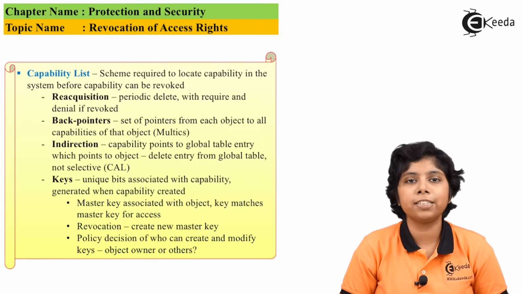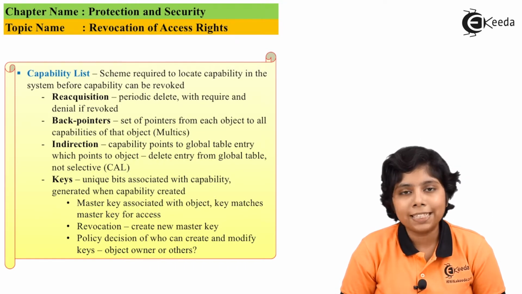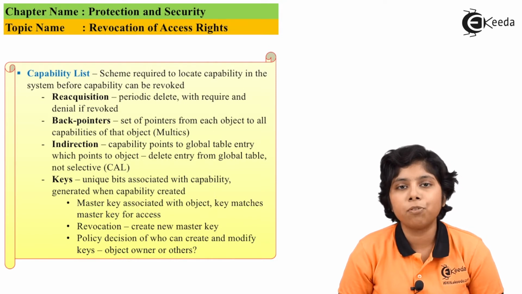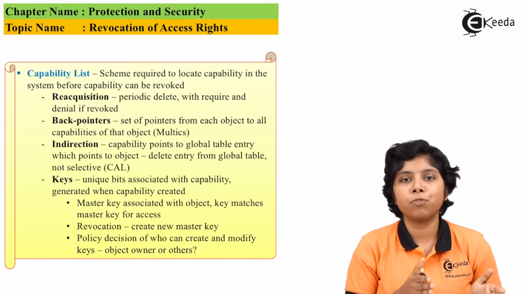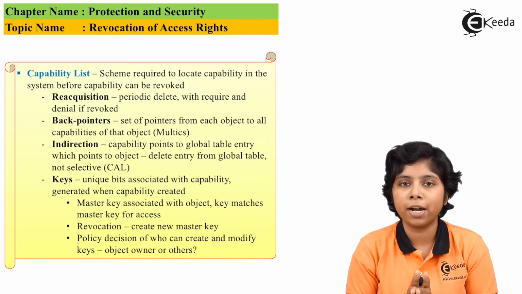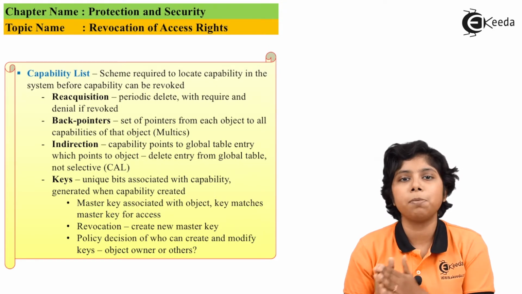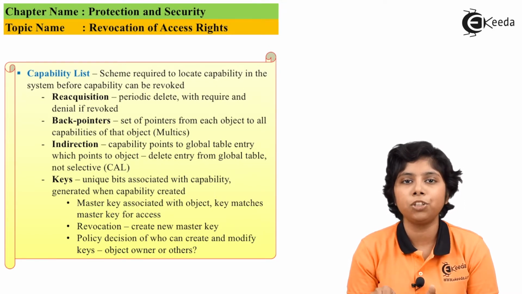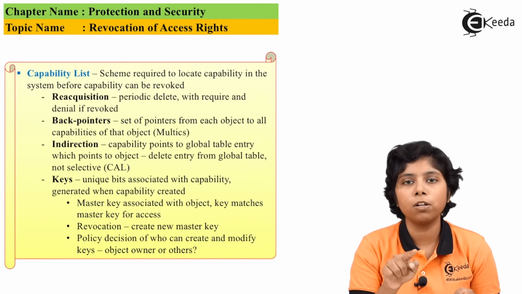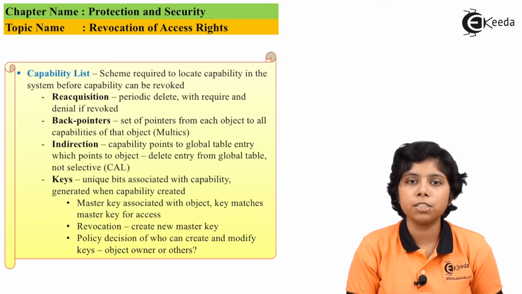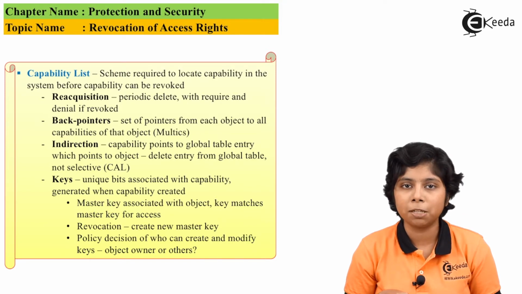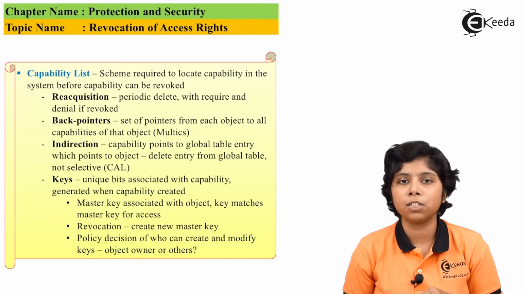The next scheme is the indirection scheme. In this scheme, the capability first points to a global table, and in turn the global table points to the object. So there is an indirection from the access right request to the global table and then to the object. Now if we want to remove an access right for that particular object, we first need to search the entire global table for all the access rights associated with an object along with its domain.